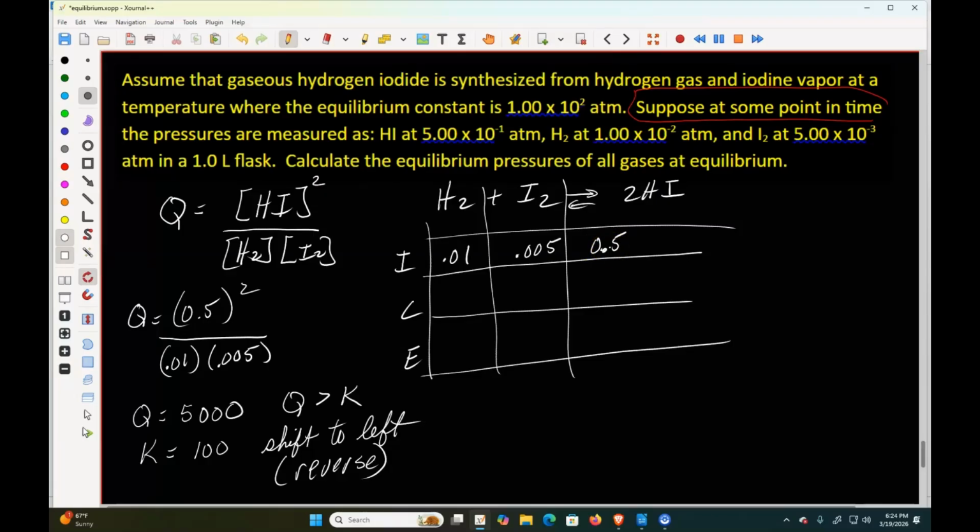All right, we're going in this direction. So therefore, I'm going to lose 2x. I'm going to gain an x, and I'm going to gain an x here, like this. That makes this side 0.01 plus x, 0.005 plus x, 0.5 minus 2x.